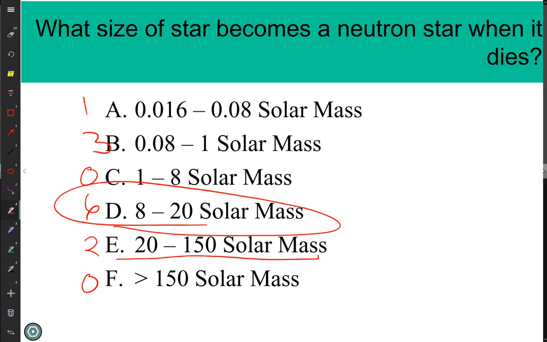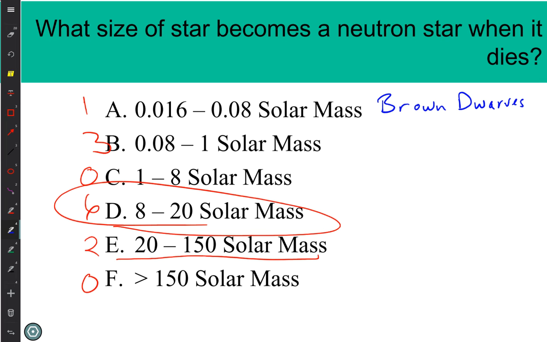So there's one more that comes up in just a little bit, but this is the last right now. So let's just go through these one last time to look at the boundaries. This lower one is brown dwarves. They're failed stars, if you will, not quite big enough to become stars. 0.08 to 1 solar mass.